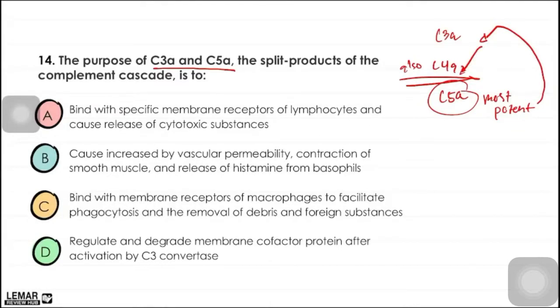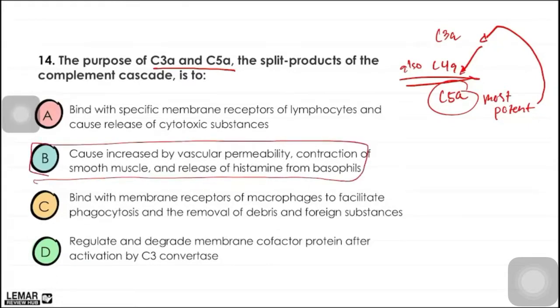So in terms of potency, C5a is the most effective, followed by your C3a, followed by your C4a. Number 14, the answer is letter B: cause increased vascular permeability, contraction of smooth muscle, and release of histamine from basophils.